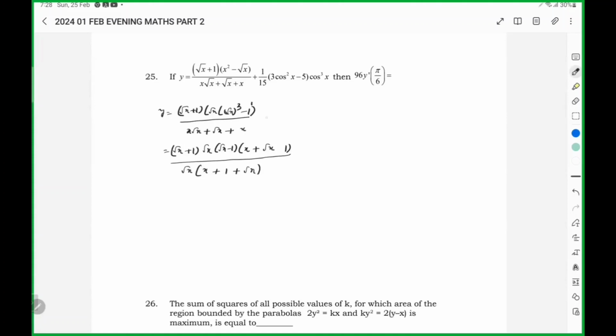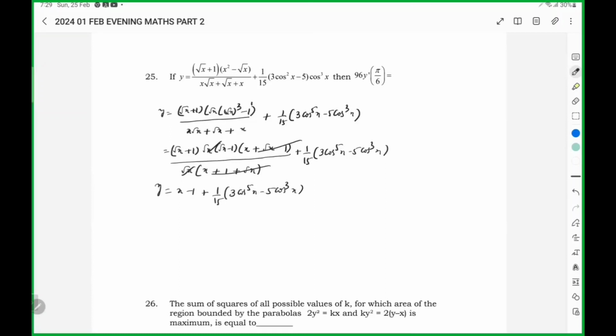Plus 1 by 15. So y becomes x minus 1 plus 1 by 15 minus 5 cos cube x.